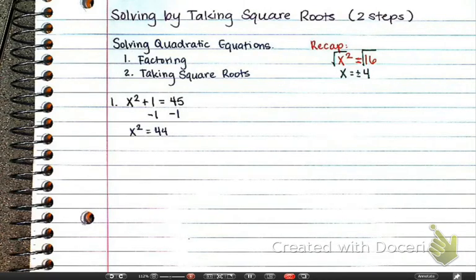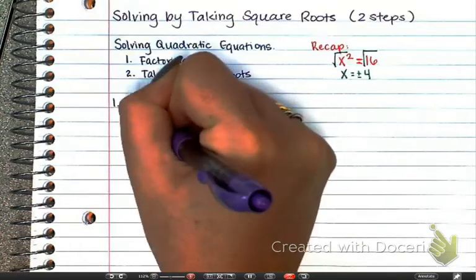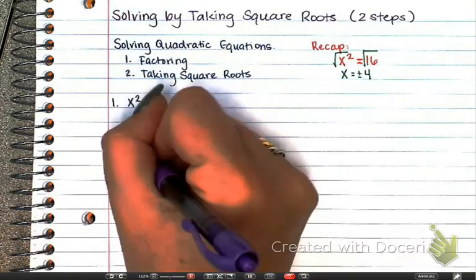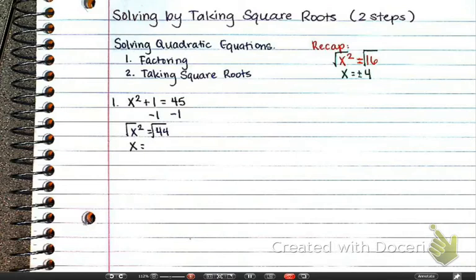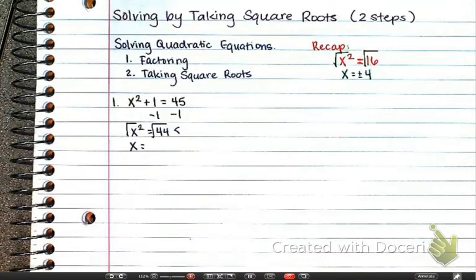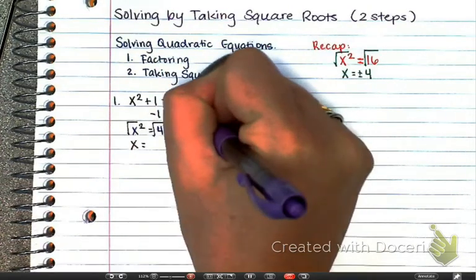Yeah? Okay, so to get rid of the squared, I'm going to take the square root of both sides. Square root of x squared is x. Square root of 44. How can I find the square root of 44? Factor tree. Give me 2 numbers that multiply to 44. 4 and 11. 4 breaks down to 2 and 2.